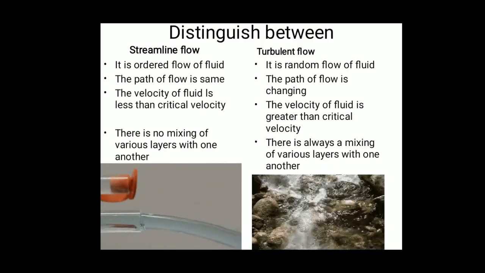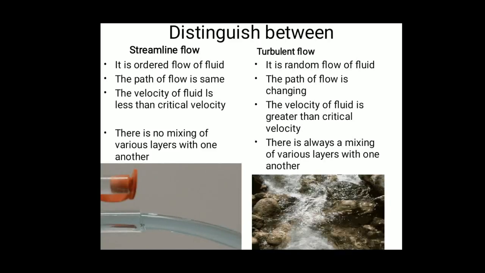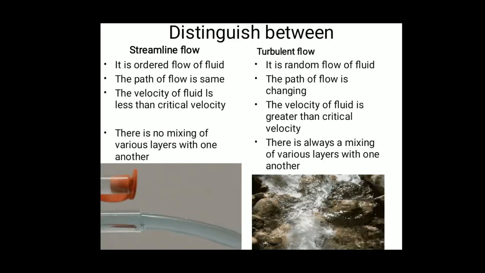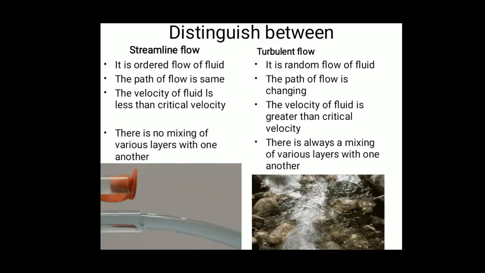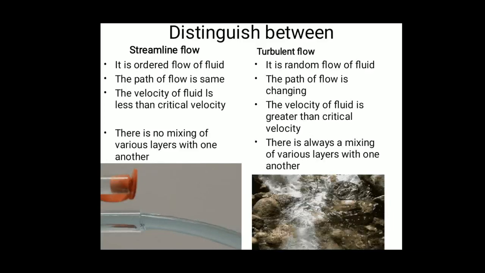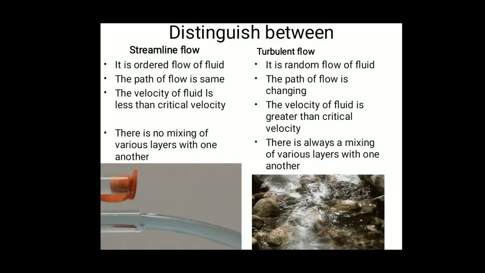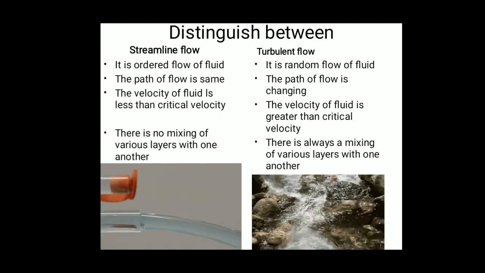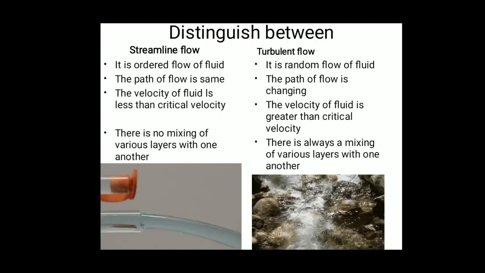One more difference is the velocity of flow of fluid. In streamline flow, the velocity of the particles is less than the critical velocity, and in turbulent flow the velocity of the fluid is greater than the critical velocity. So when the velocity of flow of fluid is greater than the critical speed, it follows turbulent flow.